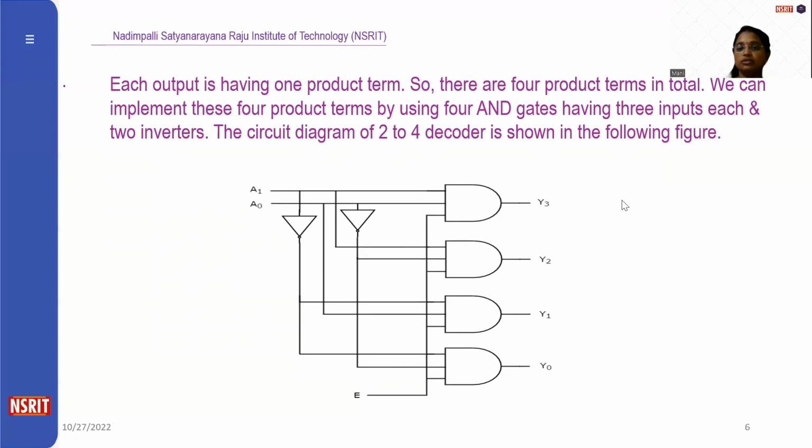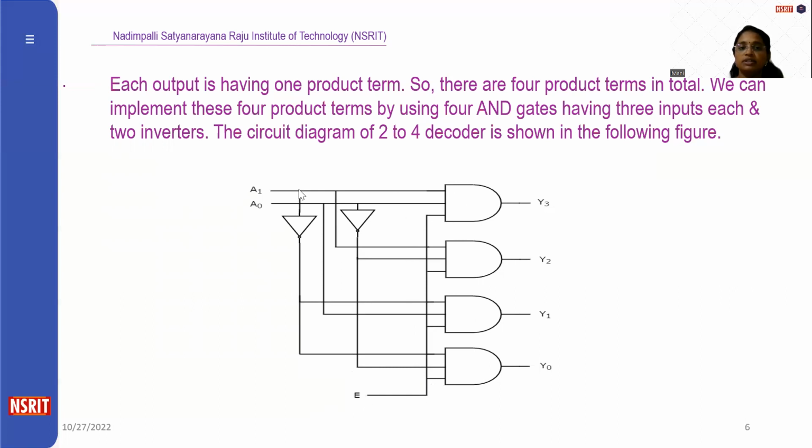If there are 2 bits, 4 combinations will occur, so the 4 combinations give 4 minterms, Y0, Y1, Y2, Y3, which are the outputs of the decoder. The enable bit must be equal to 1, so we have to apply the enable bit to all outputs. Then only it will give an output. So the enable is an active high enable E.